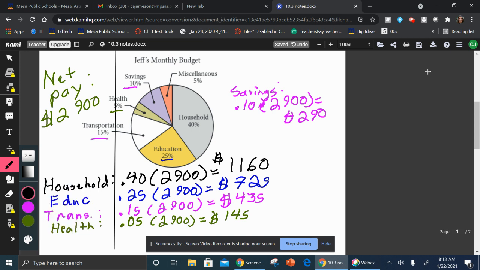And then our last one was miscellaneous. Miscellaneous is 5%, which is just going to be everything else that doesn't go in the other categories. So 5% as a decimal times 2,900.